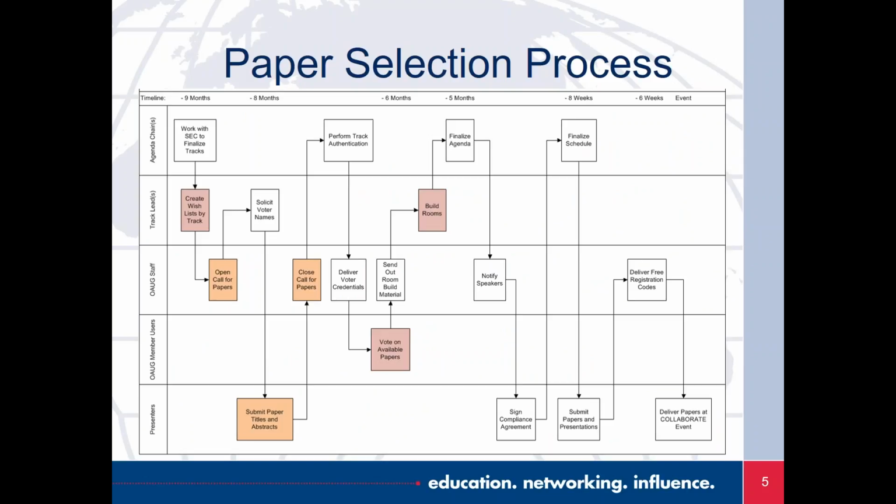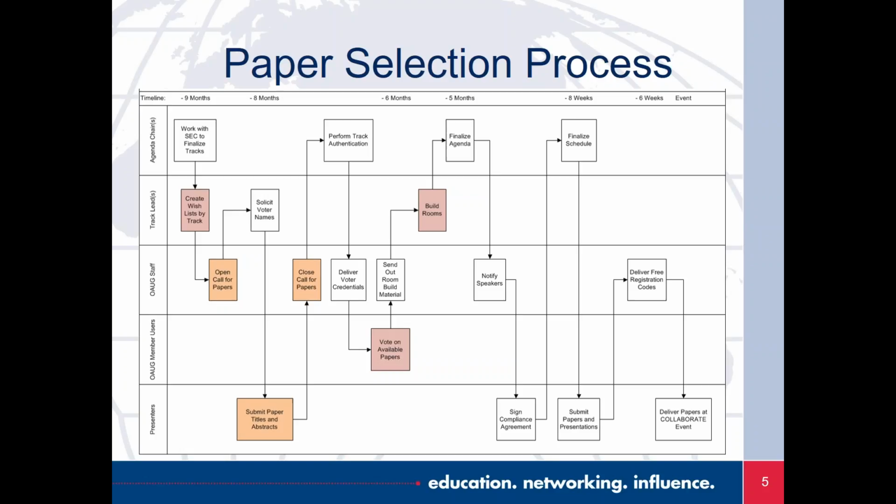Okay, so this flow chart describes the paper selection process, and with so many papers being submitted, unfortunately we don't have the room for everyone that submits to be able to present.